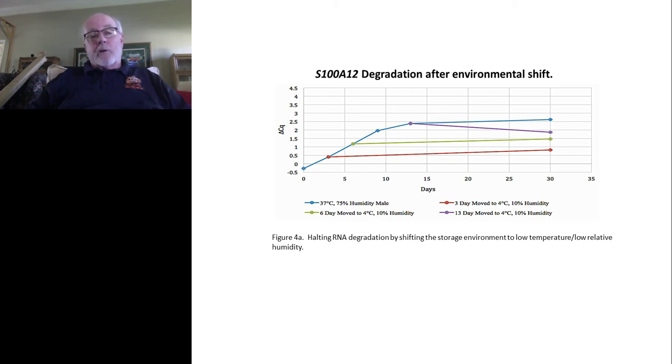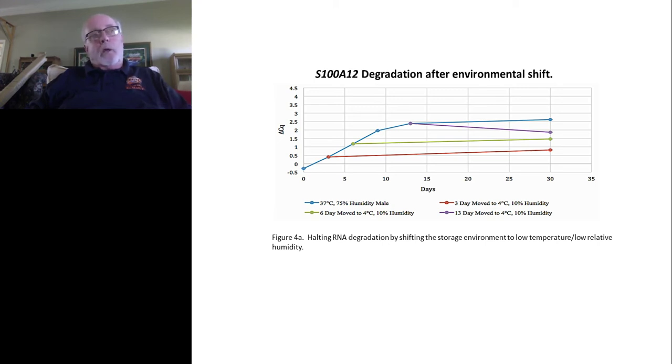Now, another interesting fact is that once degradation starts, if you shift the sample from a high temperature, high humidity environment, sort of the blue line here in this curve for the S100A12 transcript, if you incubate it at 37 degrees and 75% humidity, and then at some point shift that environment to 4 degrees in a dry environment, you can shut down degradation.